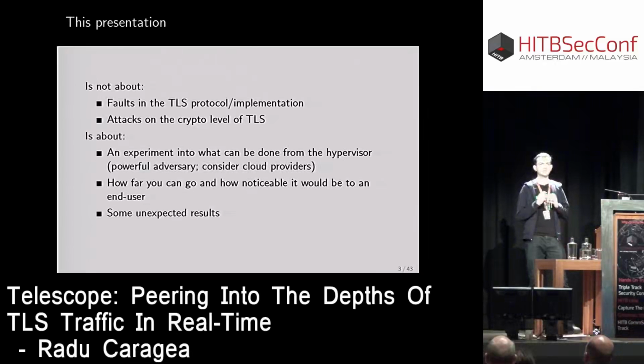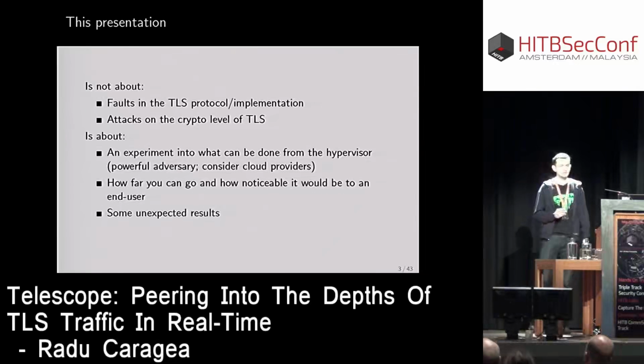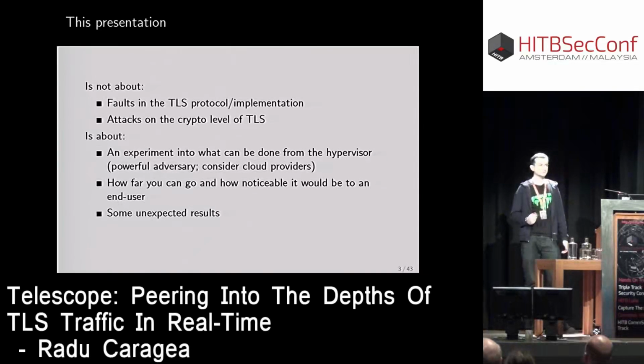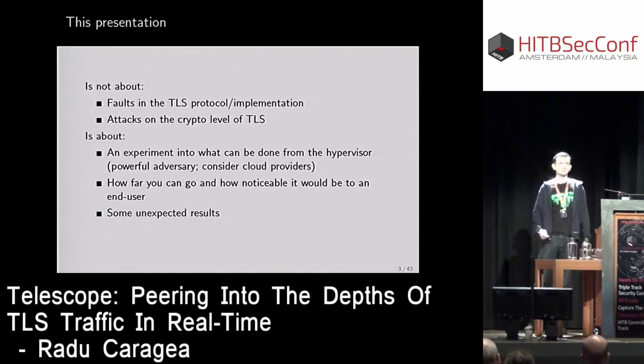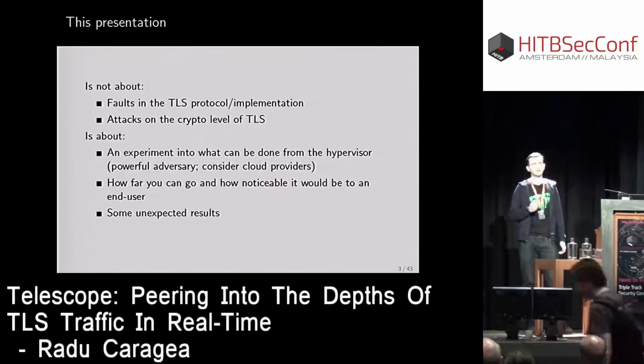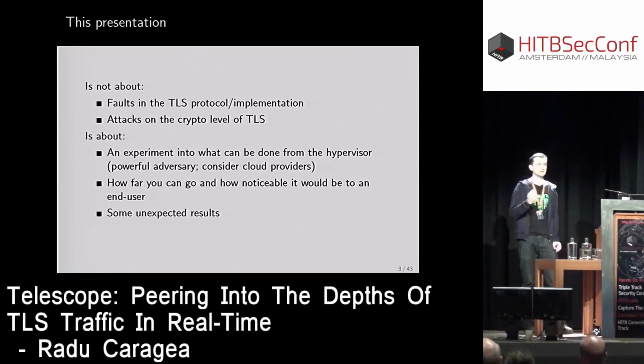Think of it as an experiment. We decided to model a very powerful adversary. We call this hypervisor in the middle attack. And so imagine it in the context of cloud providers, right? So in the cloud, the provider can see stuff from the VMs.